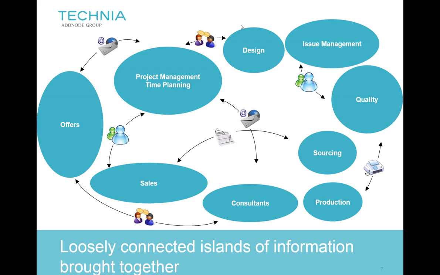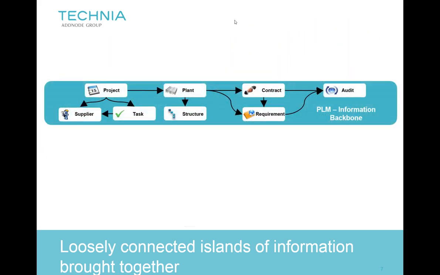What PLM can provide is a way to bring these islands together by defining a structured information model, connecting the information managed by various departments or groups and roles into a common information hierarchy. And then, of course, various access restrictions apply, so not everyone is allowed to go into the contract details.